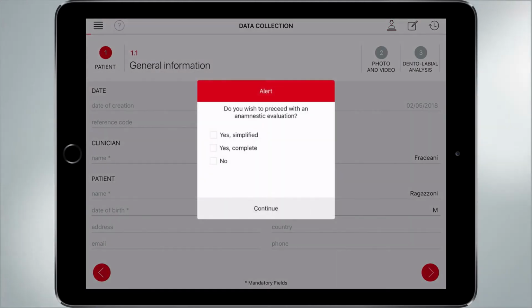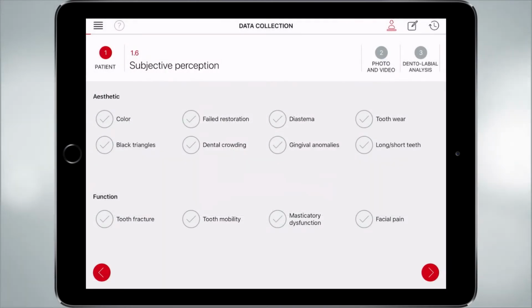So, we will meet the first step, talking about anamnestic evaluation. We put no because, of course, everybody has signed already all the data in their folders. So, we then push continue. Okay, now we are on the subjective perception by the patient.